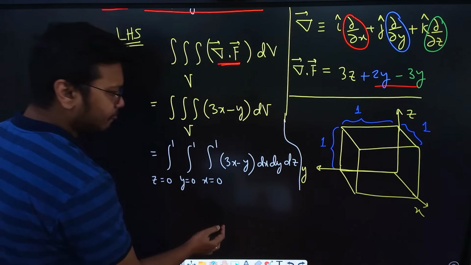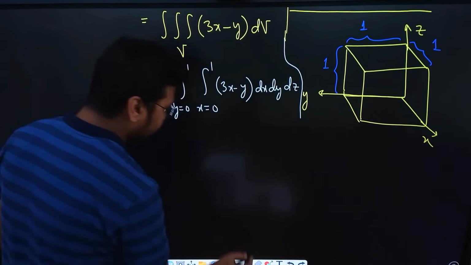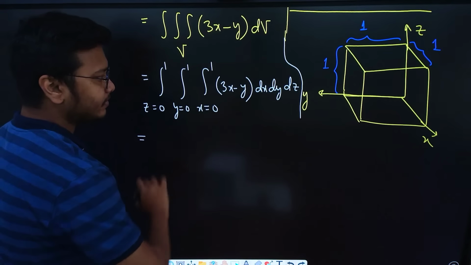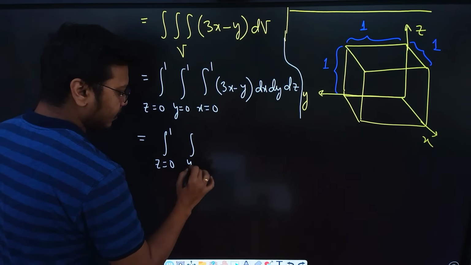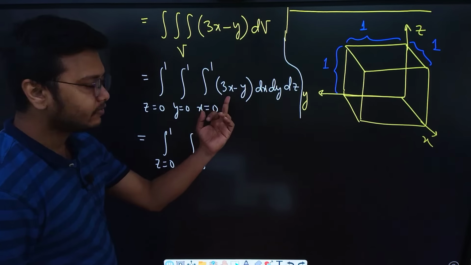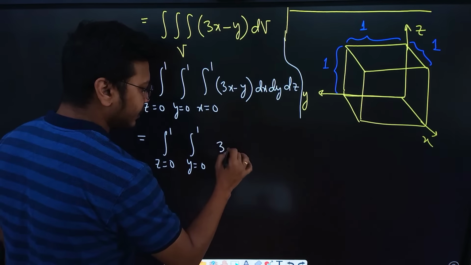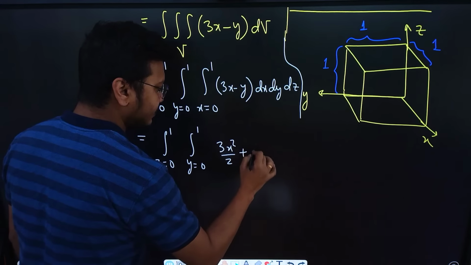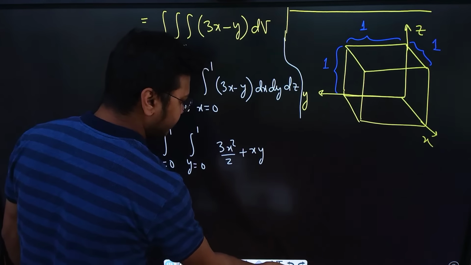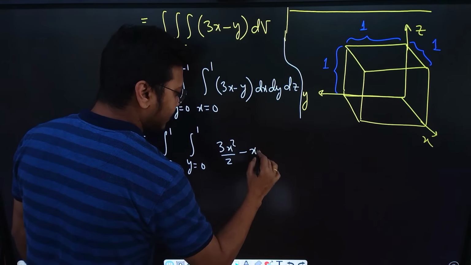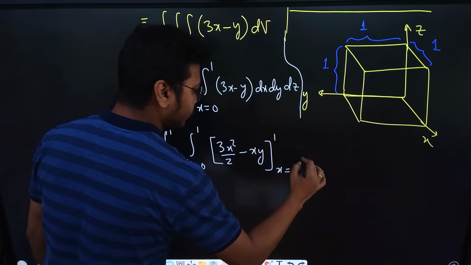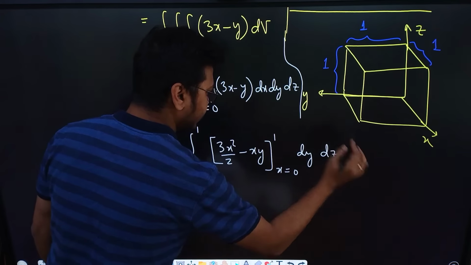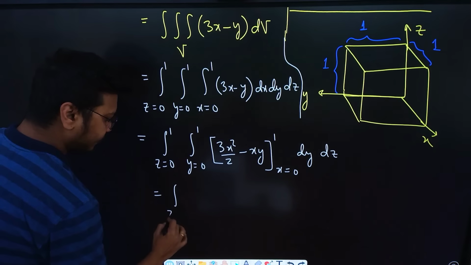That's going to be a very simple integration. First let me integrate with respect to z, and we get 3z squared by 2 minus zy, where the z limit is from 0 to 1, dx dy.